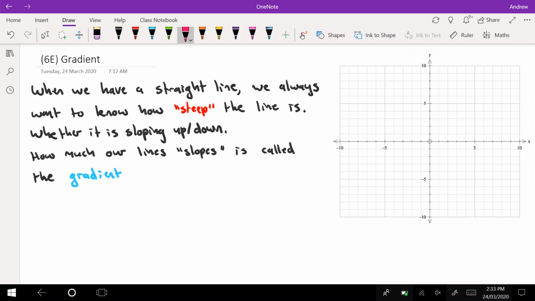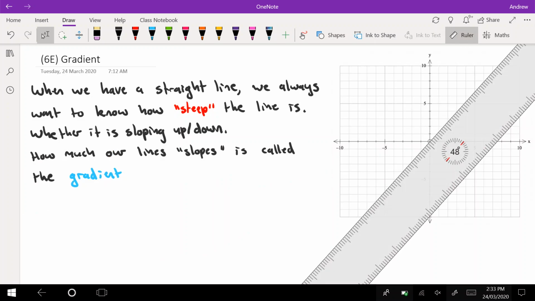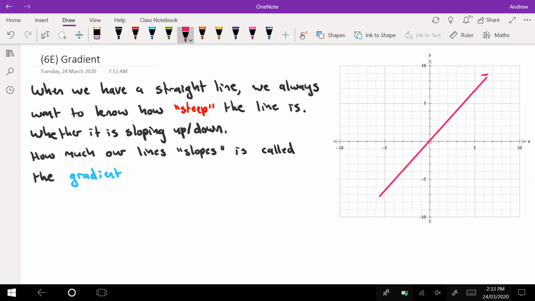Okay, and I'm just going to draw a line on my graph there. We can see that that is sloping up from left to right, and so it's important to take that into account.